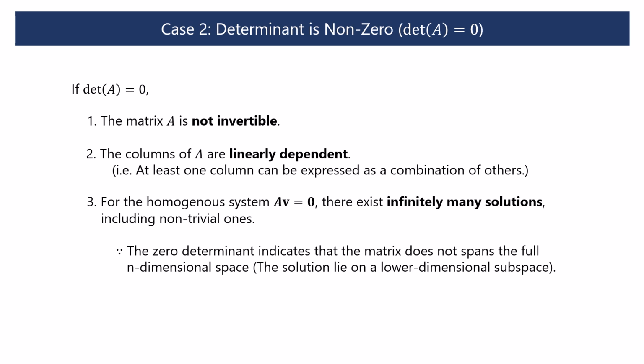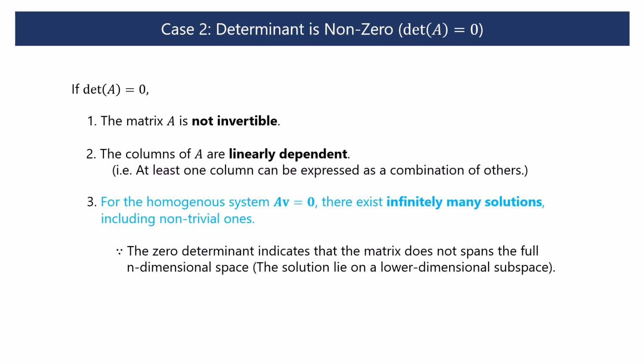Next, let's consider a case where the determinant is 0. If the determinant of matrix A is 0, the situation changes. First, the matrix A is not invertible. Second, the columns of A are linearly dependent. That is, at least one column can be expressed as a combination of the others.